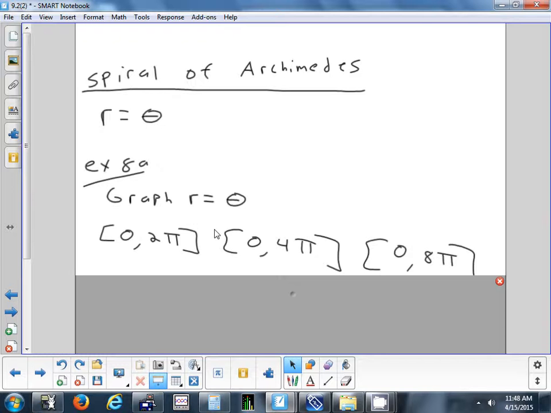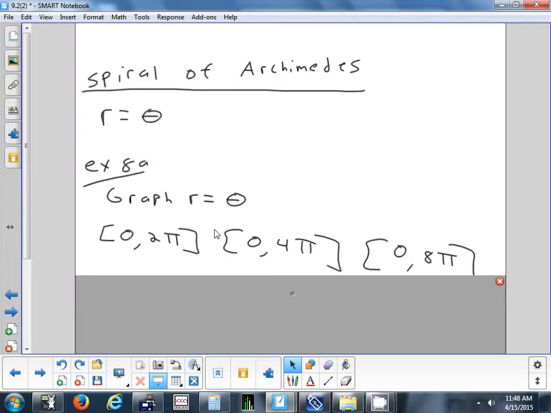If you graph it with different intervals, what is that going to change about the spiral? This is not going to trace over itself. So what would the difference be between 0 to 2 pi, and then if you graph it 0 to 4 pi? So this has to do with your theta min and your theta max.